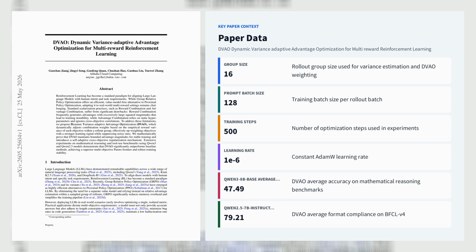Experiments use Qwen 3 4B base and Qwen 3 8B base on mathematical reasoning benchmarks, AIME 2024, AIME 2025, MATH 500, Olympiad Bench, and AMC 23, plus Qwen 2.5 3B Instruct and Qwen 2.5 7B Instruct on BFCL V4 tool use.